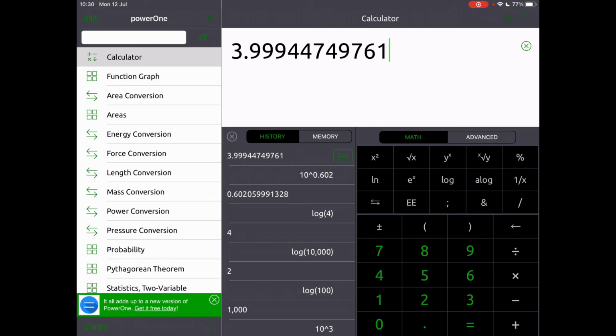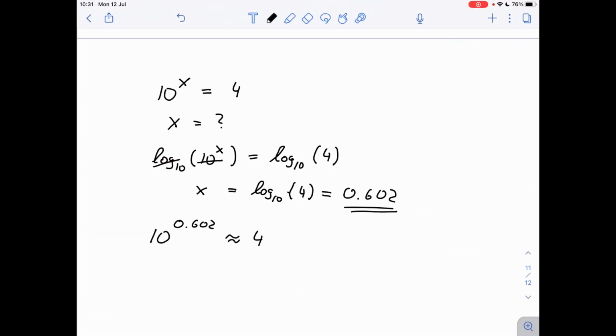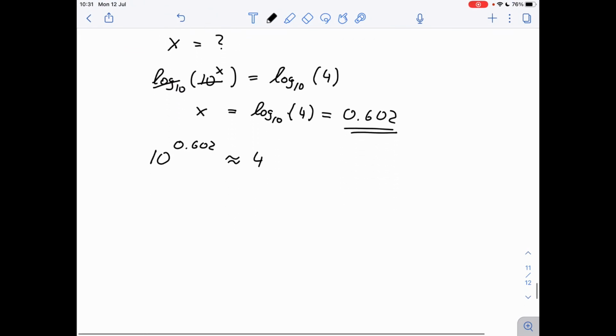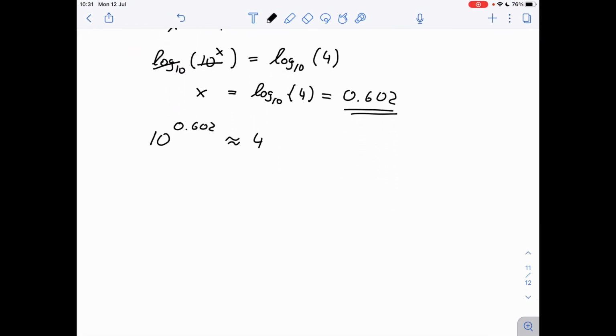We are not getting exactly 4 because when we take the log 10 of 4, it gives us an infinite number of digits, and we've just done 3 decimal points, but you see the principle that we can apply to solve something like that. So 10 to the power of 0.602 gives something like 4.